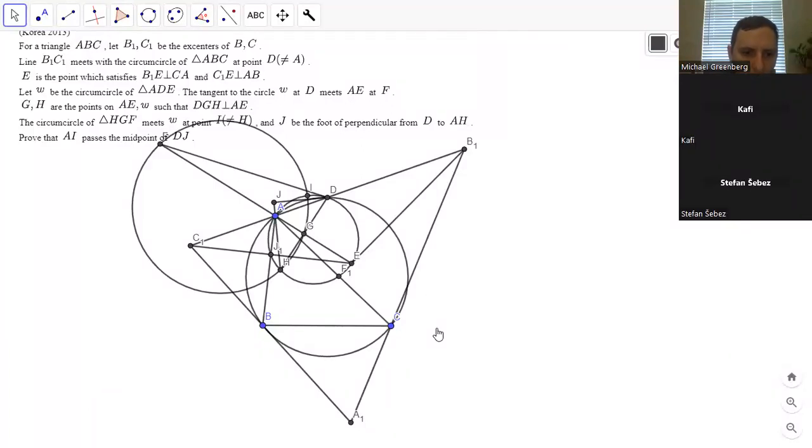So it's just important that ADE is 90 degrees. So yeah, ADE is 90 degrees. So E is the circumcenter of A1, B1, C1 because... just trying to think.